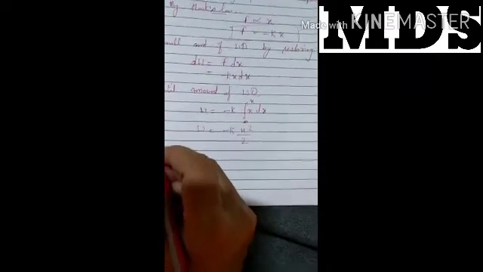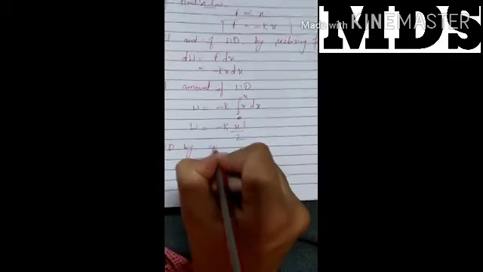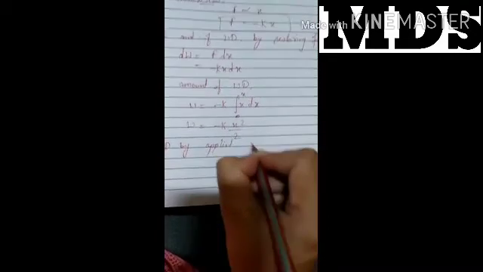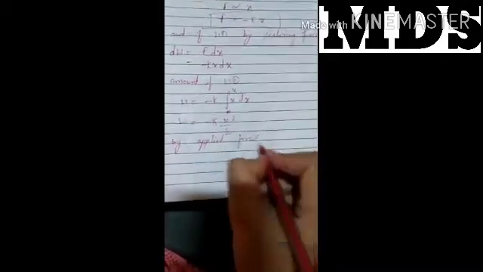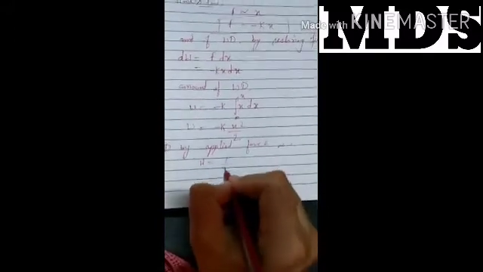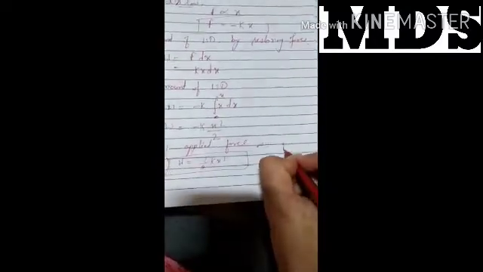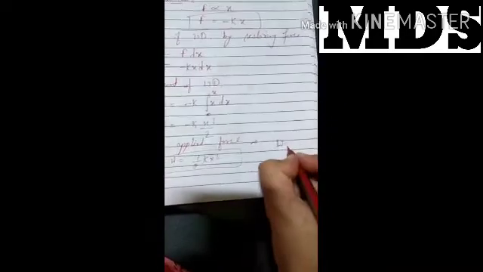Then the work done by the applied force, we will take it positive, is half kx square. Here we remove this, then we can write W equal to our applied force.